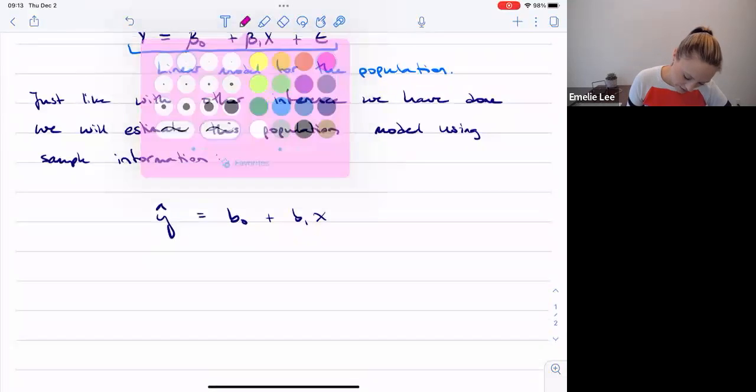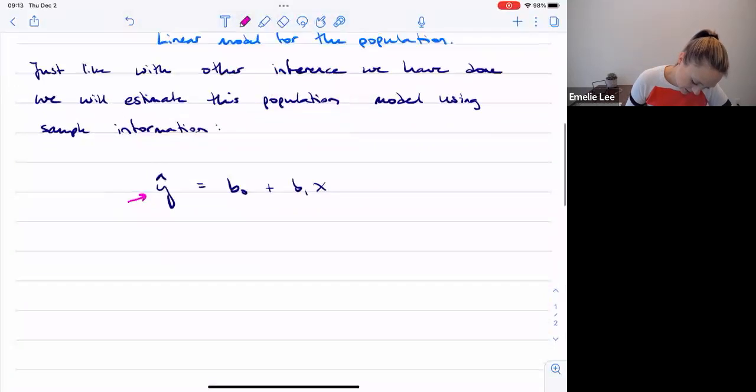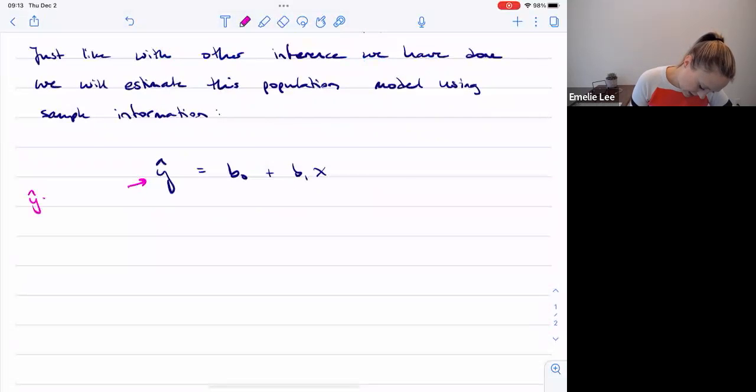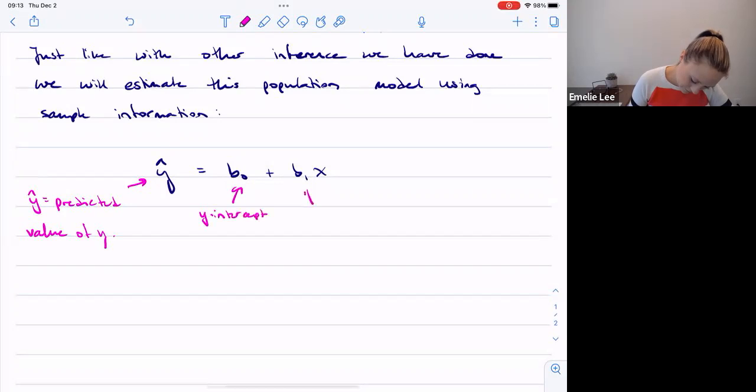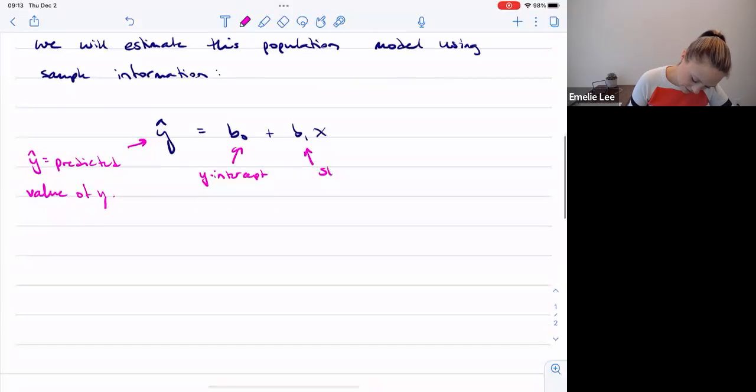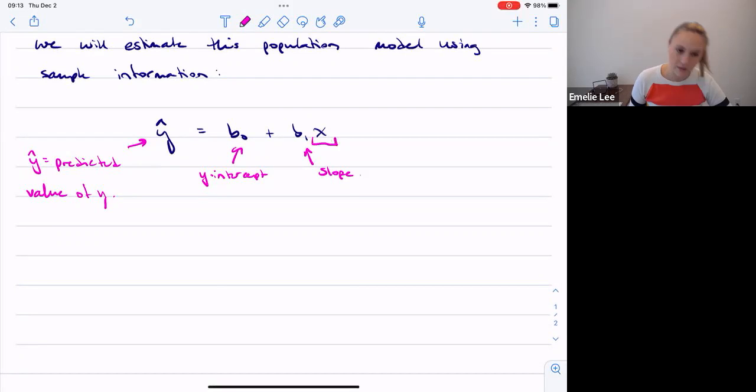So here, y hat is the predicted value of y. B naught is the y-intercept. B1 is the slope, because it's attached to the x.